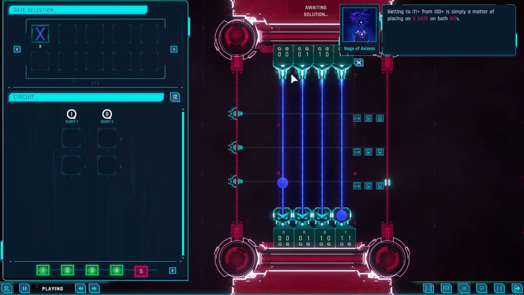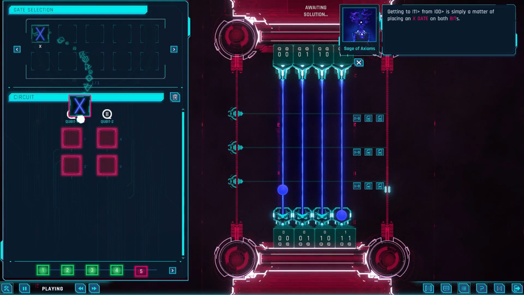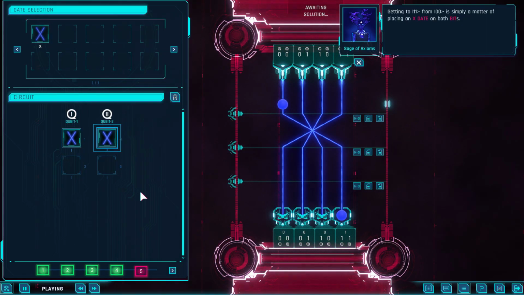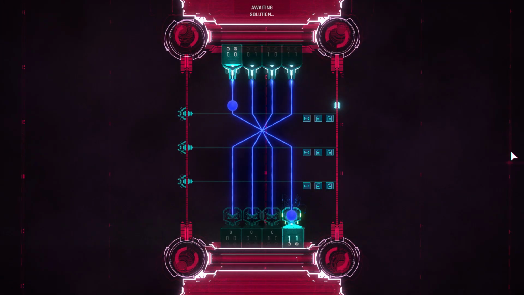And finally, here we want to flip both bits from 0, 0 to 1, 1. In order to do that, we place an X on both bits, both qubits, and that gives us the 1, 1 result.